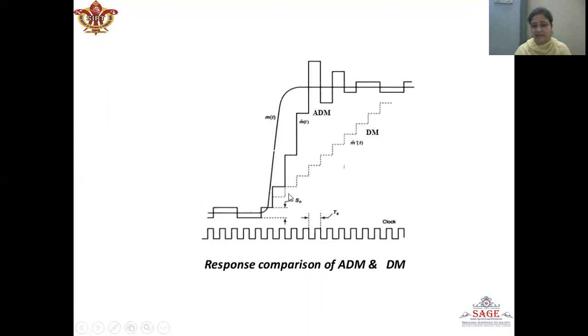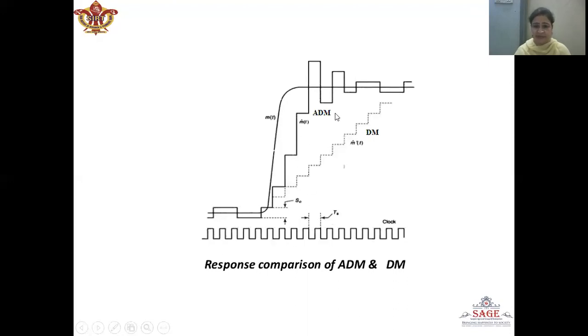There is a fixed step size. So delta modulator will show an output which will go on increasing by a fixed step size. Since the step size used is fixed, the delta modulator output will not be able to cope up with the steep increase in the message signal.